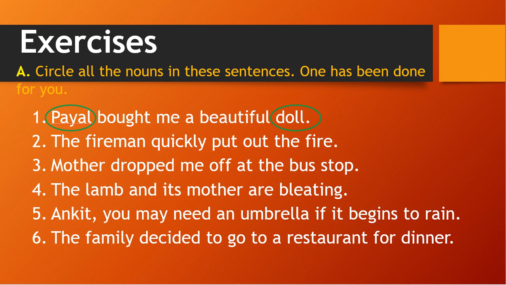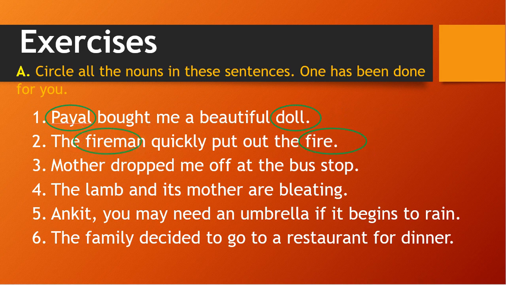Here, fireman is a person name, or we are indicating some kind of person, so that is a noun. And the fire is a thing, so fire is also a noun. So we can say here that fireman and fire are nouns.